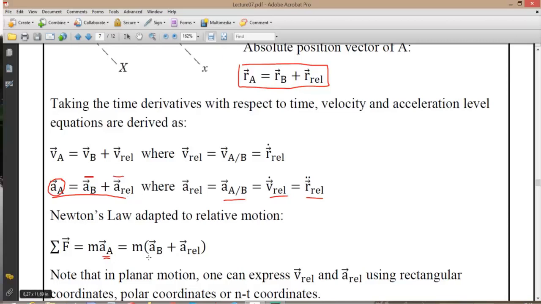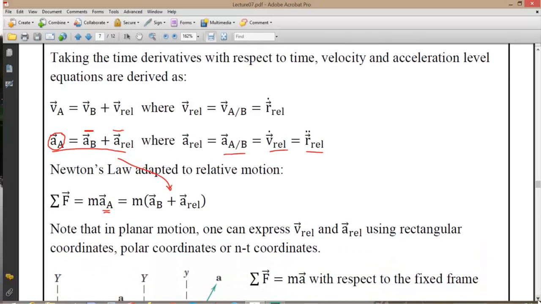So we can substitute that information now in Newton's equation. And as a result of that, we will have two vectors inside parentheses, an addition of these two vectors. And again, you can use any type of coordinate system to resolve these vectors.